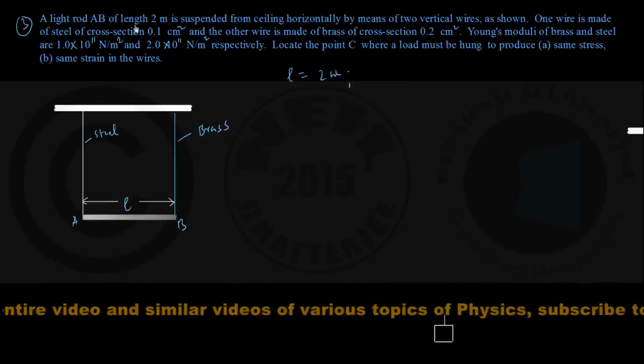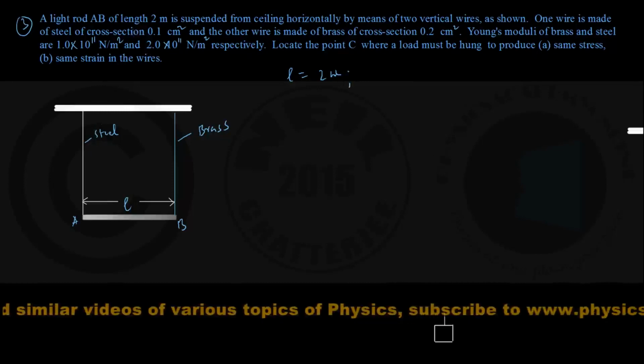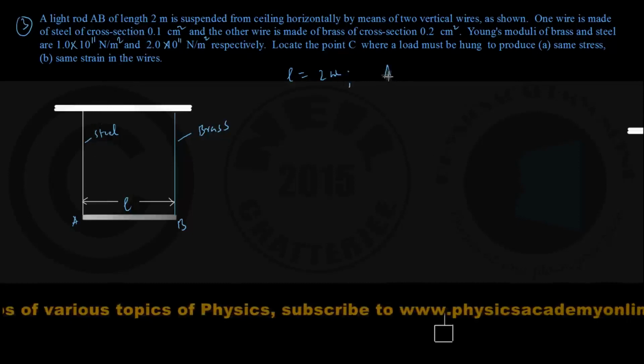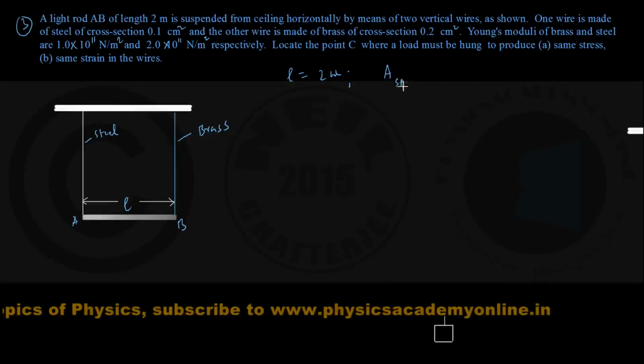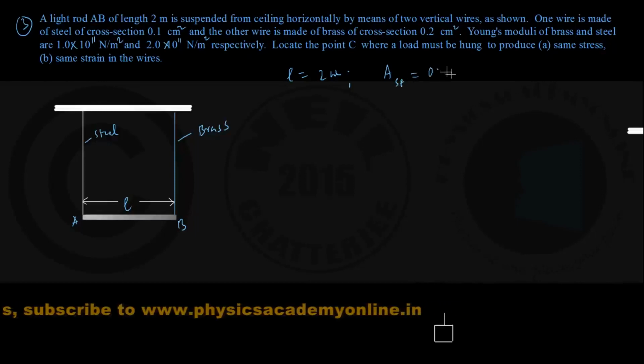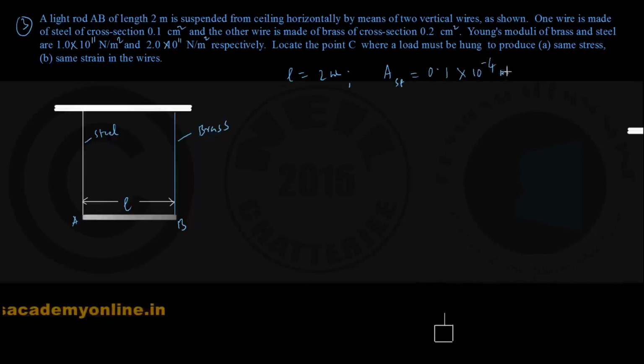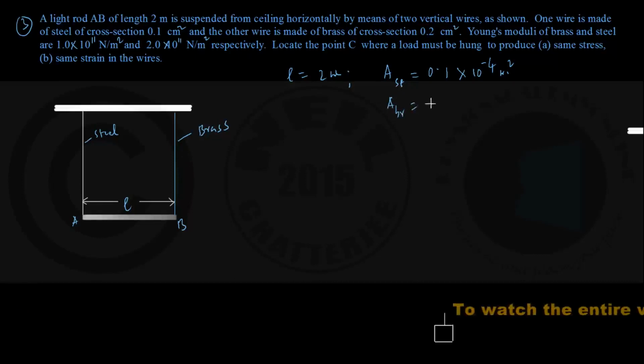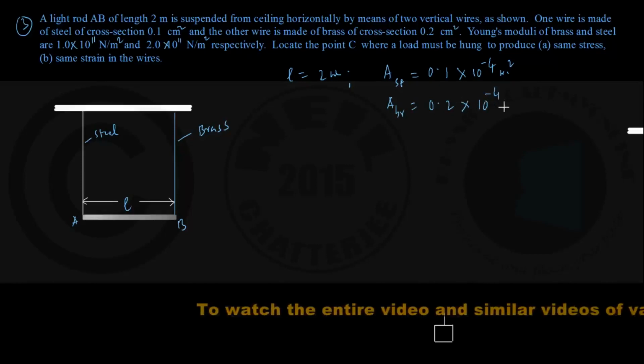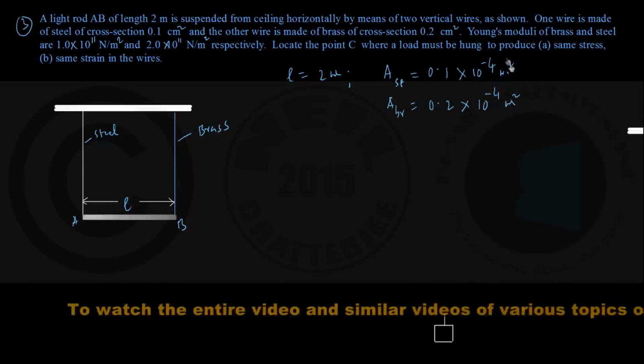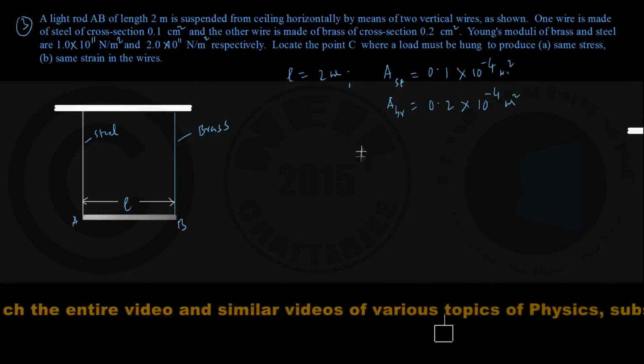It's further given that for the steel wire, cross-sectional area, I am using the symbol A, for the steel wire this is 0.1 centimeter square, that is 0.1 into 10 to the power minus 4 meter square. And similarly for the brass wire, cross-sectional area A brass is given to be 0.2 centimeter square, that is 0.2 into 10 to the power minus 4 meter square. Now, they have also given us the Young's moduli.